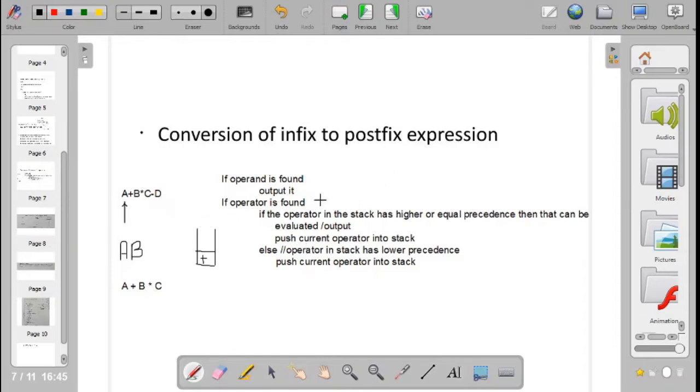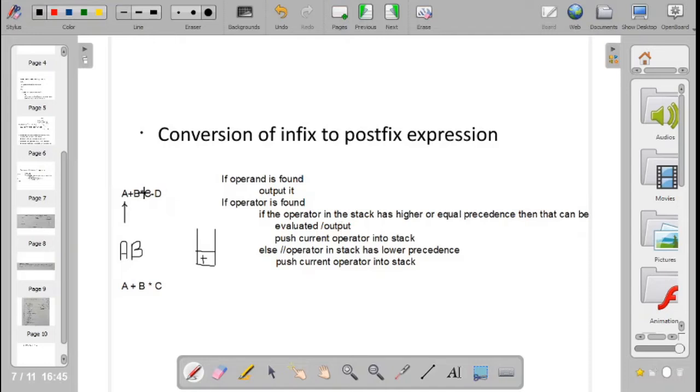If the operator in the stack has higher or equal precedence than the current operator, then it can be evaluated or output.